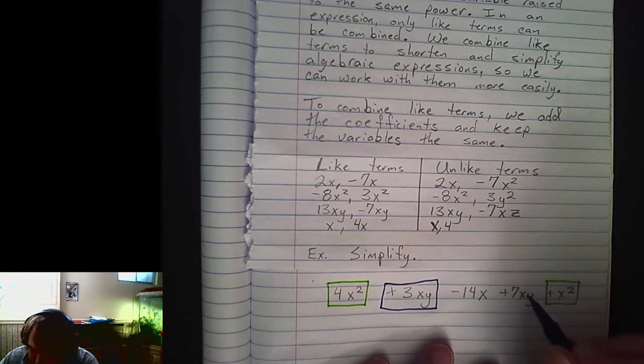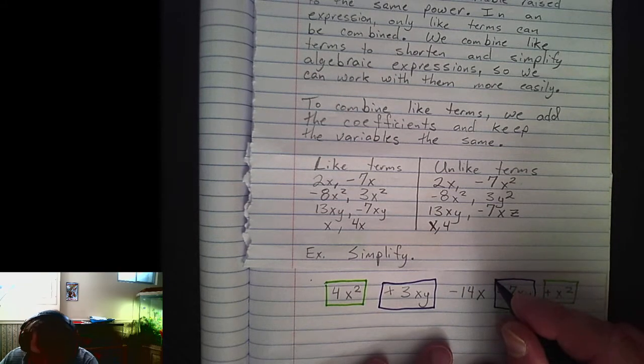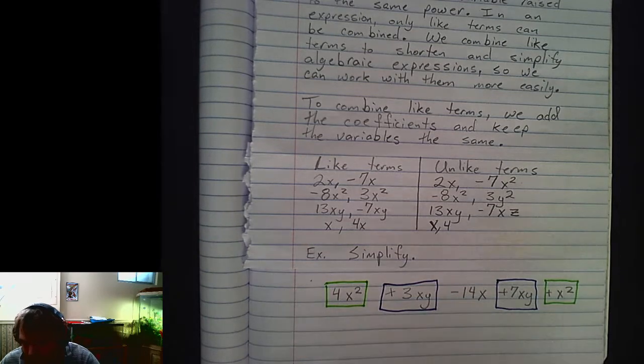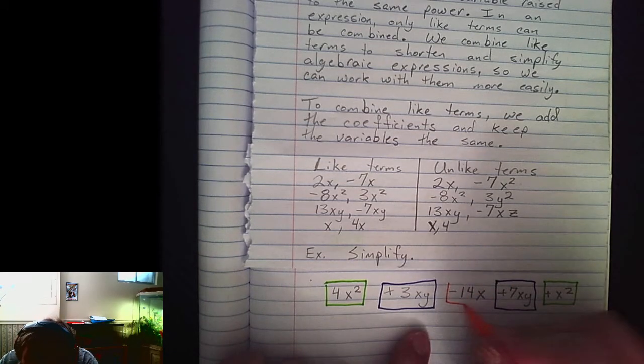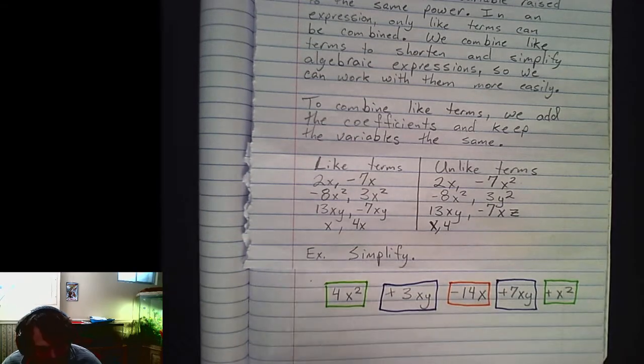But then we have positive 7xy. Same variable, so we can combine its coefficients. And lastly, we have just negative 14x. We notice there's no other terms that are similar, so we're going to have it in its own color.